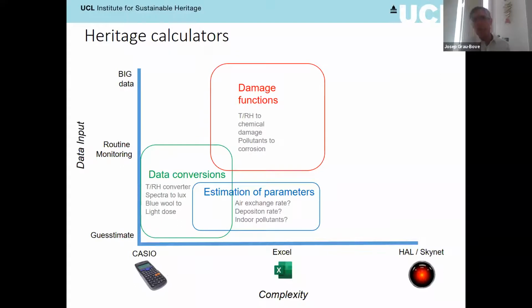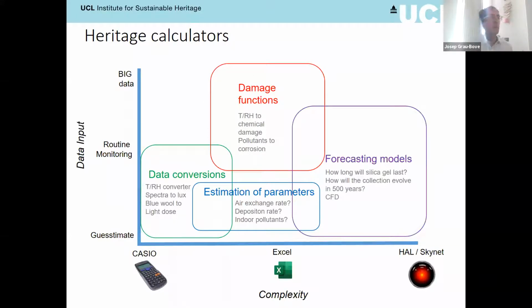Another typology is what we know as damage functions. The damage functions are a little bit more data hungry because by definition, their input is environmental information and their output is some sort of material degradation or material damage. So for example, from temperature and humidity, you get chemical damage. Then we would have what I call forecasting models.